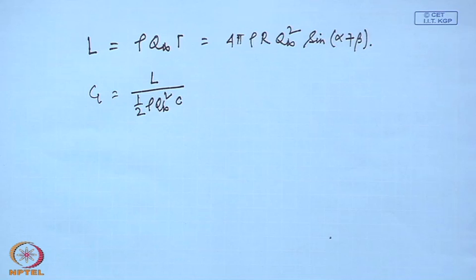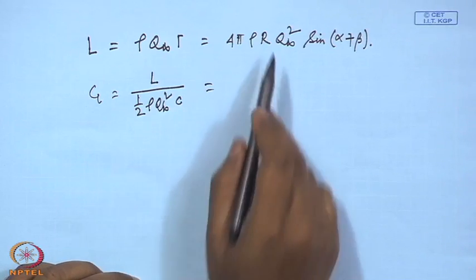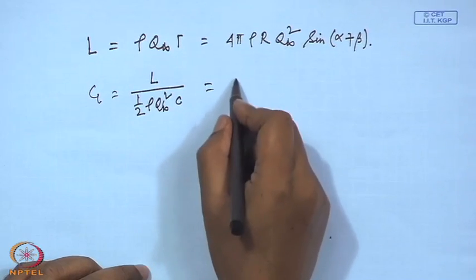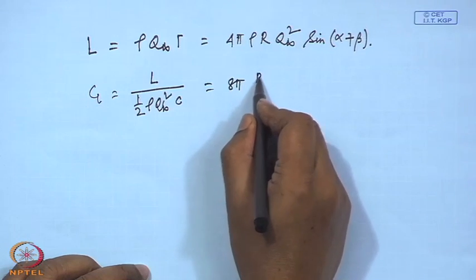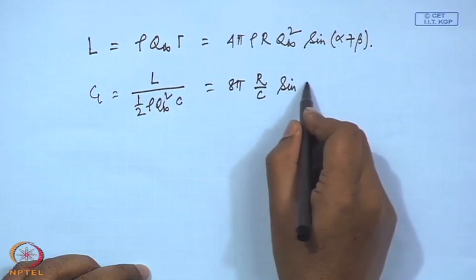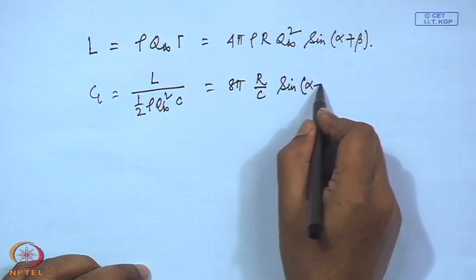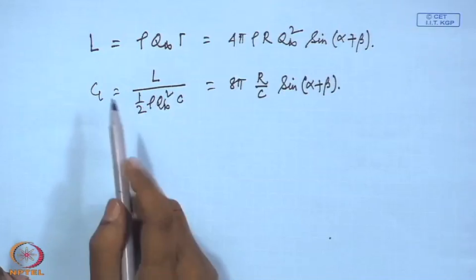The planform area of the airfoil is c into 1 unit span. This lift is also per unit span, and this gives what? Rho q infinity square gets cancelled, it becomes 8 pi r by c. So, this is the lift force or lift coefficient.